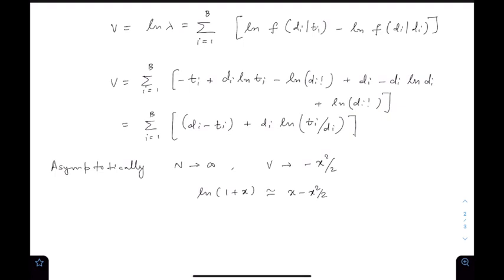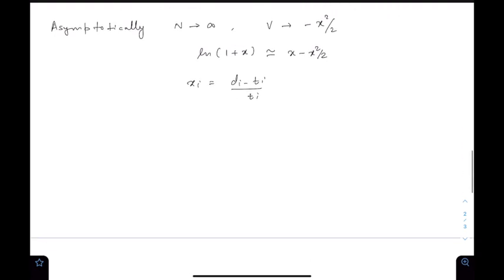So if we introduce x_i equals d_i minus t_i by t_i, we can basically rewrite V as the sum over t_i x_i minus t_i times 1 plus x_i, log of 1 plus x_i. So we can approximate this.